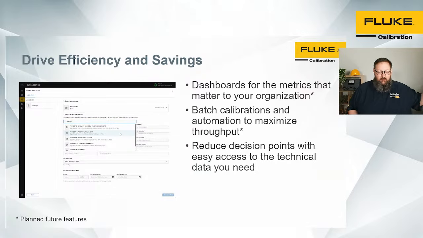When we think about bringing the equipment in to putting it back to our customers, the time we're spending actually doing the calibration is a portion of that. We want to make sure that we are doing that efficiently through things like automation, and as we build out into things and improve how much we can automate, improve how we automate, certainly an area we want to focus on. But then in addition to that, we really want to reduce the decision points that happen throughout that workflow.